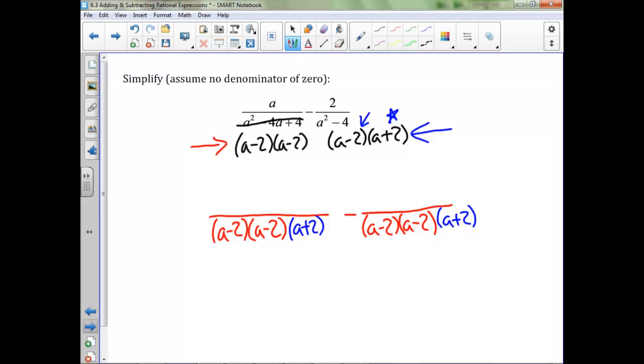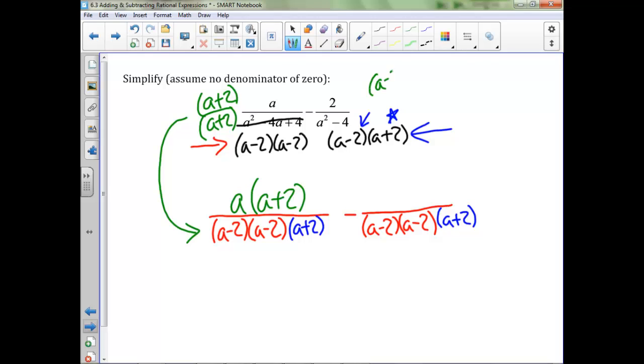So this first fraction, in order to get from here to here, we need to multiply by an a plus 2 over a plus 2. So I'll have an a times a plus 2. And on the right side, we need to multiply by a minus 2 over a minus 2, so that we get the denominator we need.